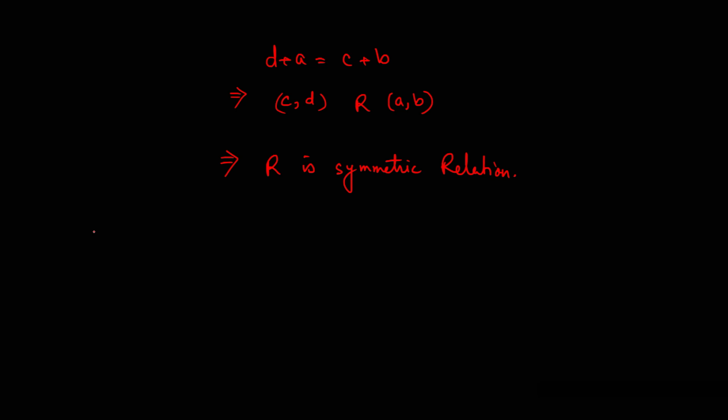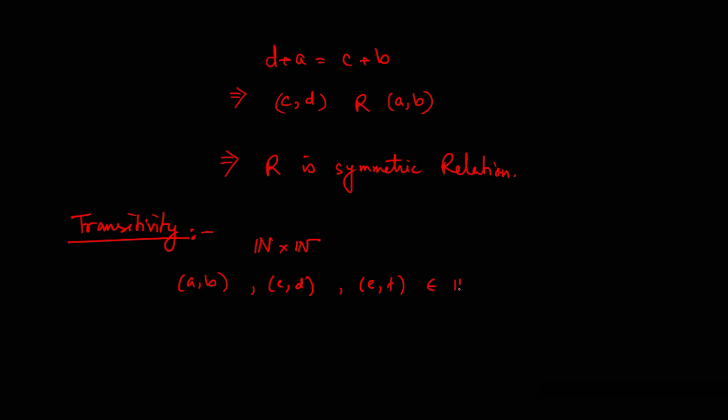Okay. Now check whether R is transitive or not. So transitivity. Taking three elements from N cross N, the three elements are (a, b), (c, d), (e, f).